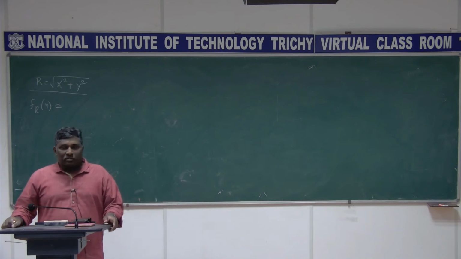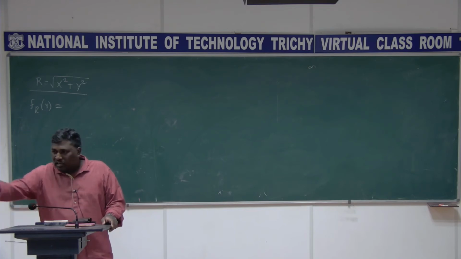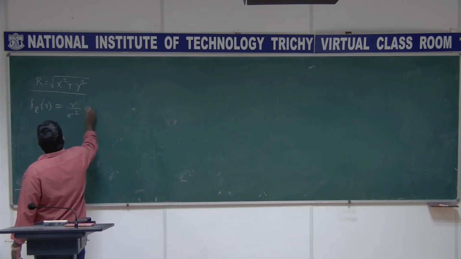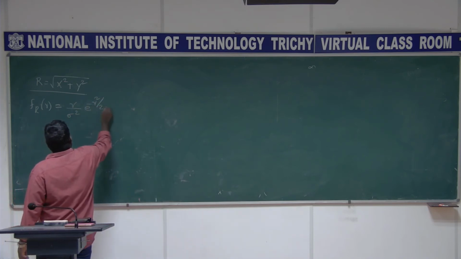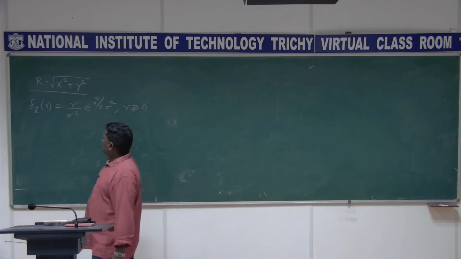So that is given by r by sigma squared into e power minus r squared by 2 sigma squared, for r greater than or equal to 0.